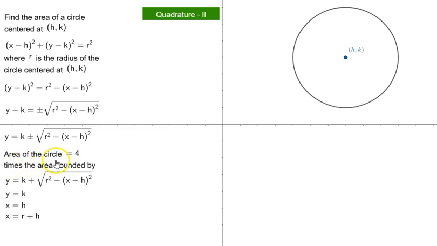So the area of the circle is equal to 4 times the area bounded by y is equal to k plus square root of r square minus x minus h square, y is equal to k, x equal to h, and x equal to r plus h. Now here, what does this mean?